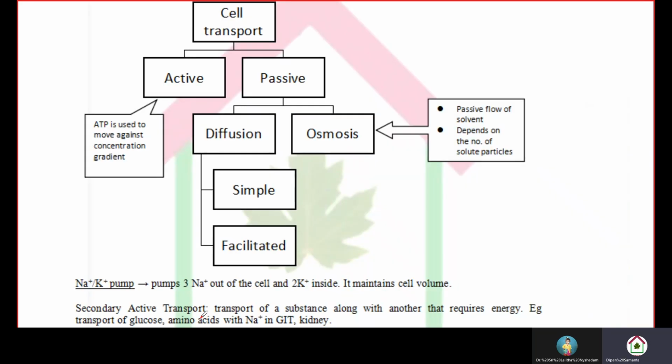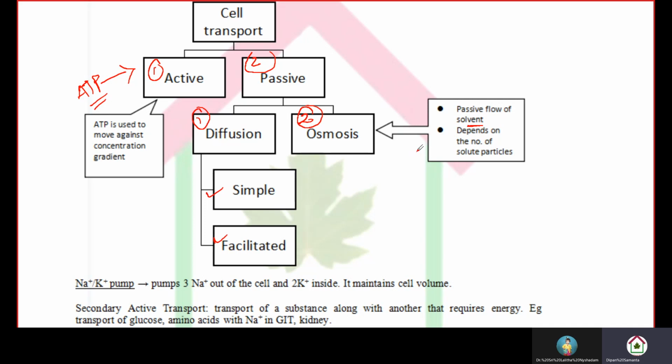Just to revise cell transport, there are two types: active and passive. Active means simply ATP is used. In passive, there are two types: diffusion and osmosis. In diffusion, there can be simple diffusion and facilitated diffusion, and osmosis means passive flow of solvent.